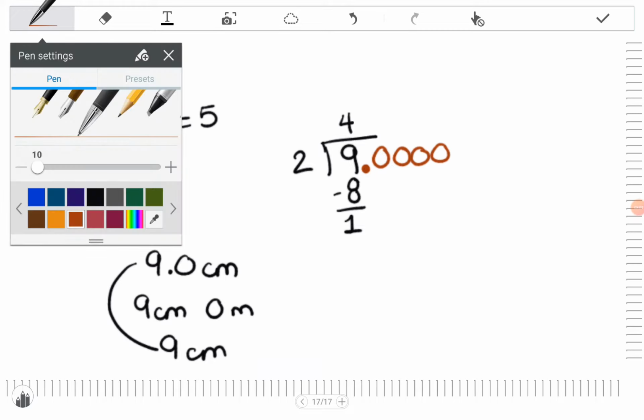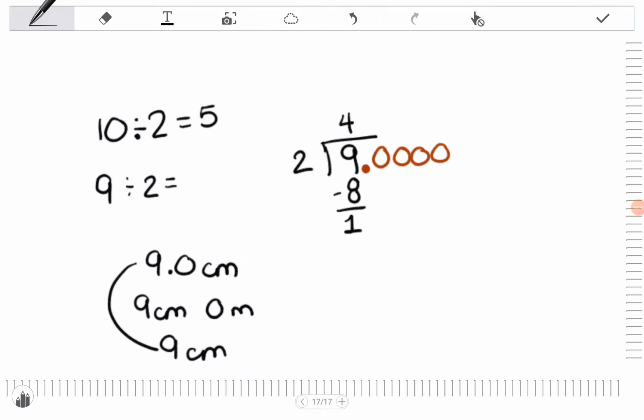So, just to summarize up to here, after a whole number you can just write 0.000, as many zeros as you want, and it's not going to change the value of the number that you are working with. Okay, so in this case, to continue with the division, I'm just going to put 9.0000 and see later if we're going to need more zeros, but I don't think so.